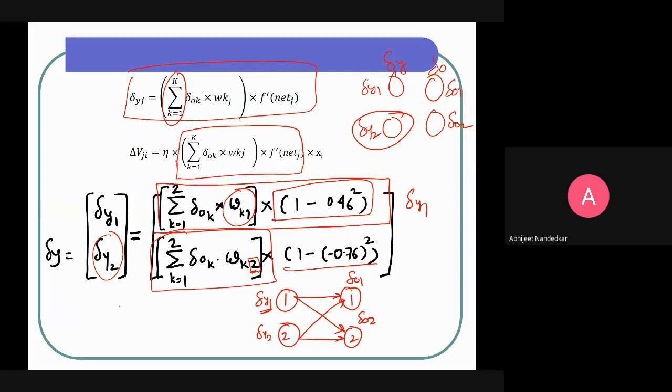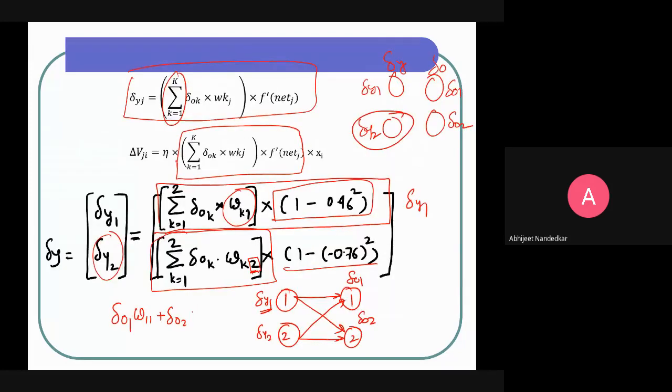Suppose k equals 1, this will be delta O1 into W11 plus delta O2 into W21. So these two are getting multiplied: delta O1 multiplied by W11, added with delta O2 into W21.